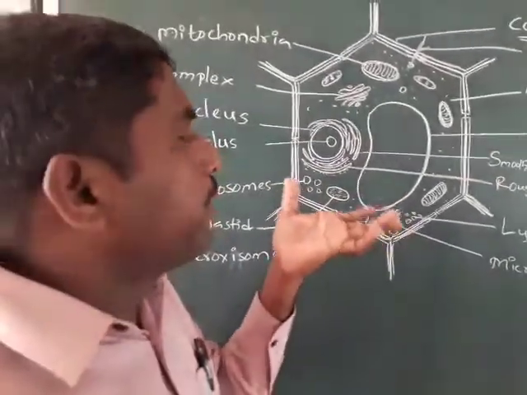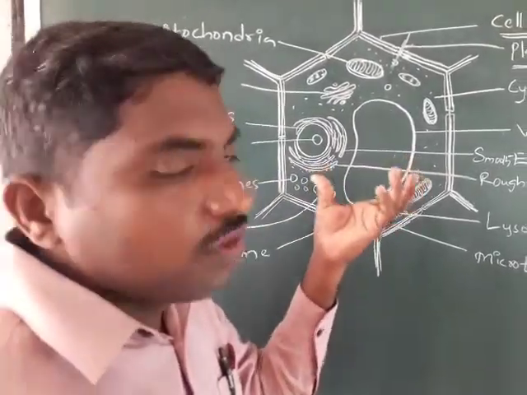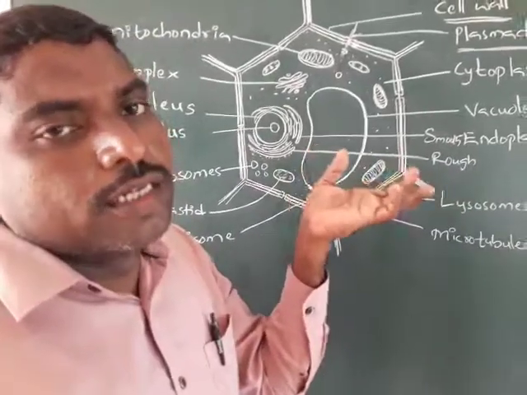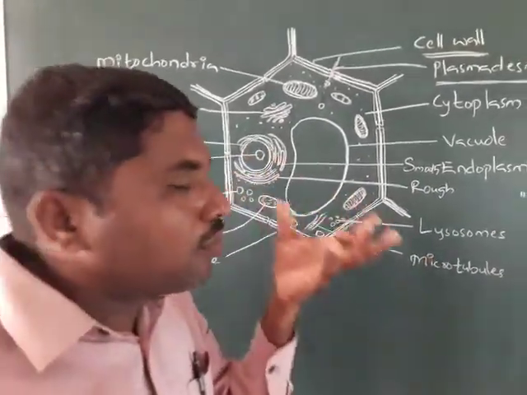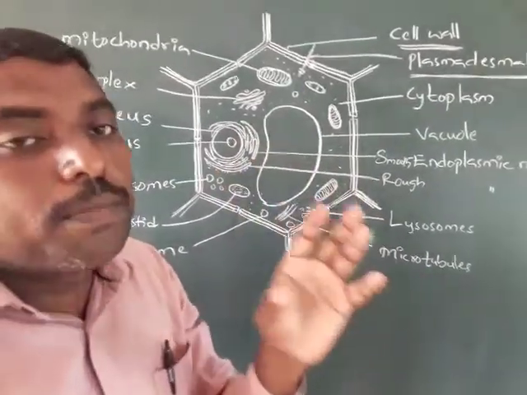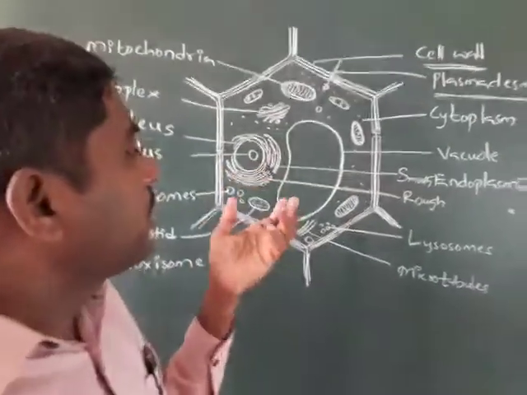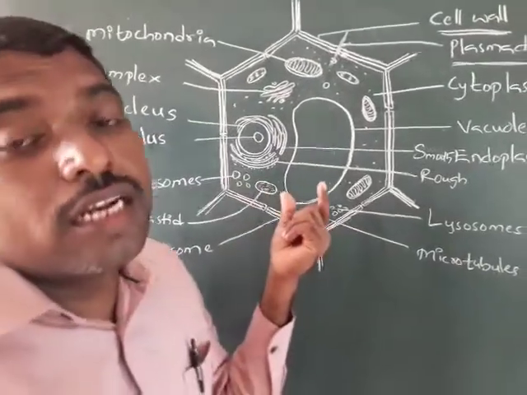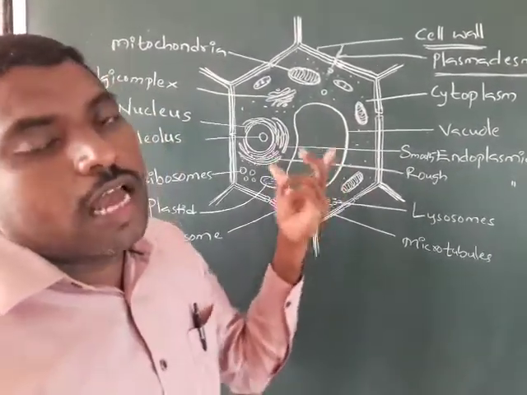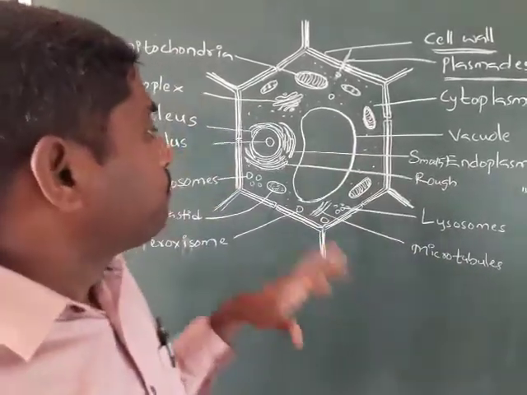These are all membrane-bound organelles present in eukaryotic cells, and they are absent in the prokaryotic cell. The non-membrane-bound organelle, the ribosomes, is present in both the eukaryotic cell as well as the prokaryotic cell.